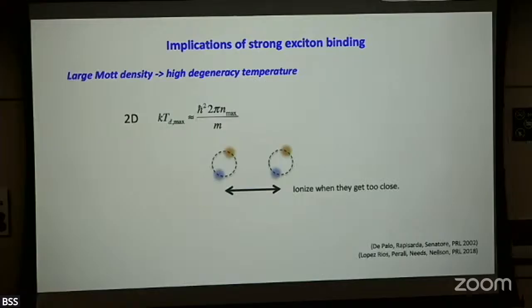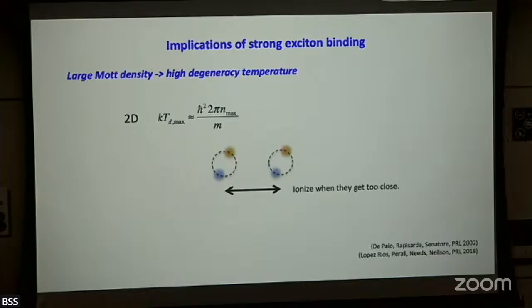One is the interparticle spacing, and the other one is the de Broglie wavelength. When the interparticle spacing is smaller, or in other words, when the de Broglie wavelength is larger than the interparticle spacing, then a large fraction of those bosons can condense into the ground state, the condensate state. So this is for 3D.